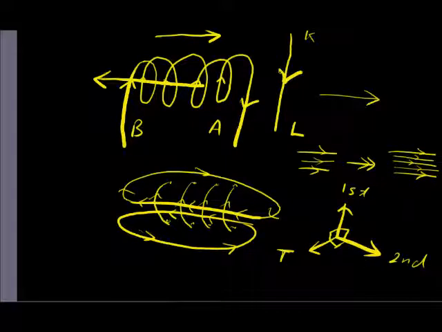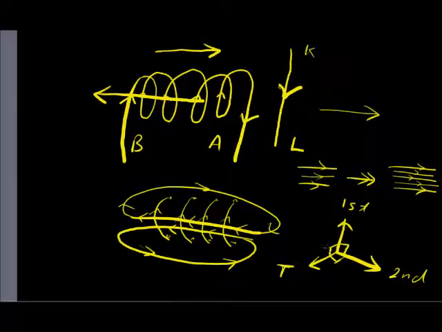To apply the rule, we point our second finger in the direction of the current flow of the wire, and in this case it's going to point along the direction from K to L, and the first finger is pointing in the direction of the B field, which is towards the solenoid. Then the direction which our thumb is pointing into represents the force experienced by the wire. So the answer is going to point in this direction, which is into the paper.